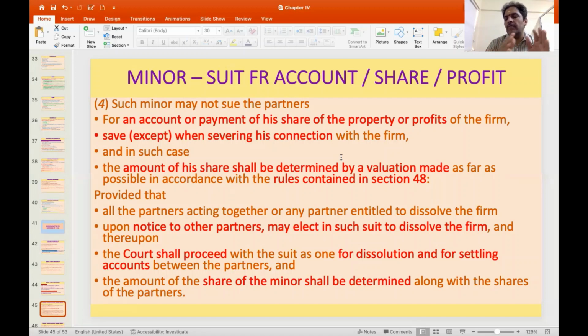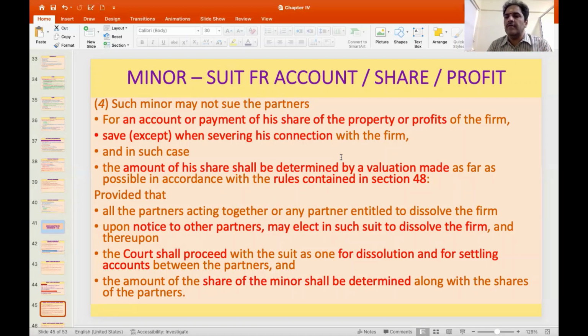So here, as long as he is continuing or has an intention to continue, he cannot sue, either if the profits share is not given, or if the share of property is not given, or if accounts or a copy of accounts are not shown to him. But if he wants to file a case for getting these, then he will have to sever his connection with the firm.